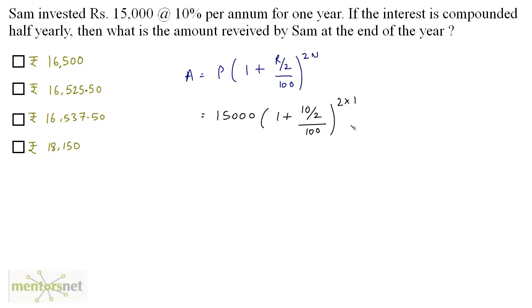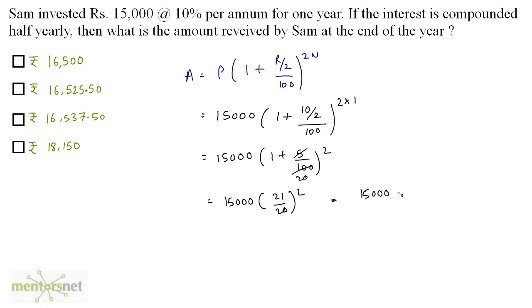So 2 times 1. So I have 15,000 into 1 plus 10 by 2 is 5 by 100 raised to 2. So 5 times 20 is 100. So we have 15,000 times 20 plus 1, that's 21 by 20 square. So this is equal to 15,000 times 21 square is 441 by 20 square is 400.